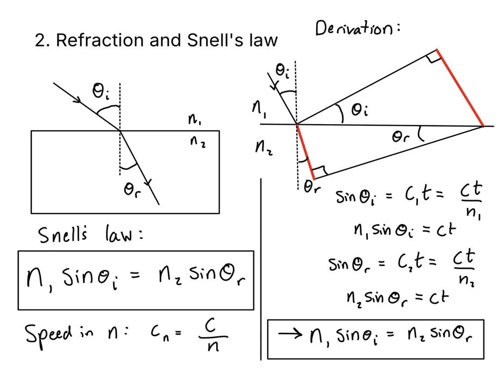Let's look at how we derive Snell's law. The image on the left shows your classic drawing of light rays, and the image on the right has a portion of that which is the same. But what we want to consider is the lines which make right angles with the red lines. Remember, these can be thought of as the peaks of the wavefronts.